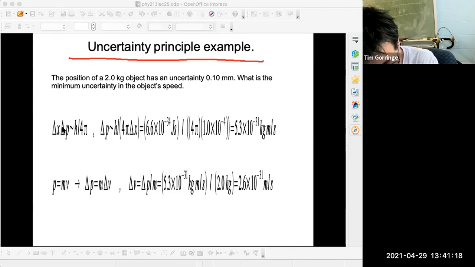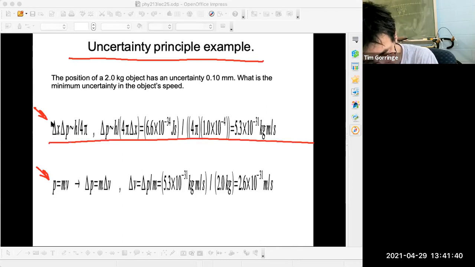So if I want to calculate the uncertainty in the momentum or the velocity, that's what I'm going to do down here. I'm going to start with the fact that I know the uncertainty in the position, and I'm going to start with the uncertainty principle. The product of the uncertainties in the momentum and the position is going to be of order, this is the theoretical limit, Planck's constant over 4 pi.